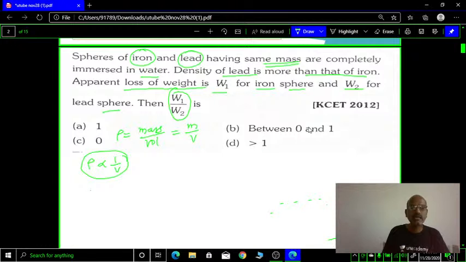Now the mass is the same for both. Density of lead is more than that of iron, but the mass remains constant, same.